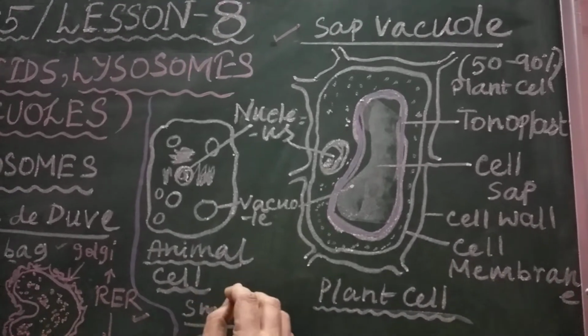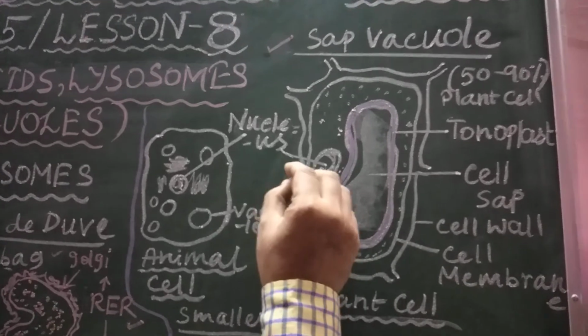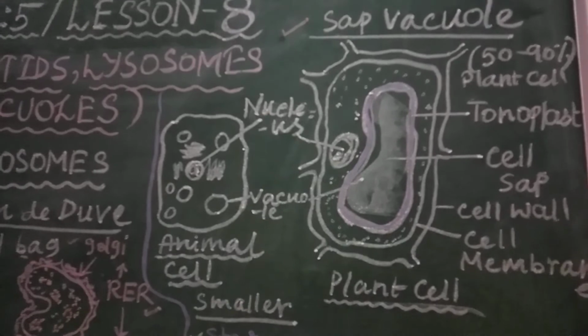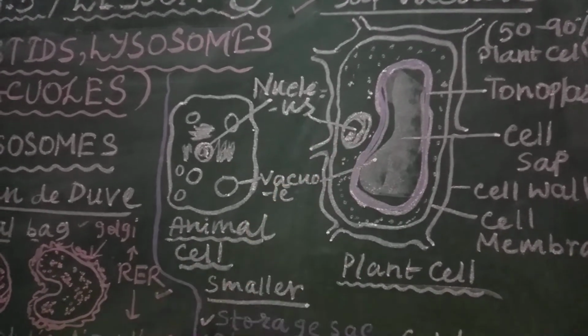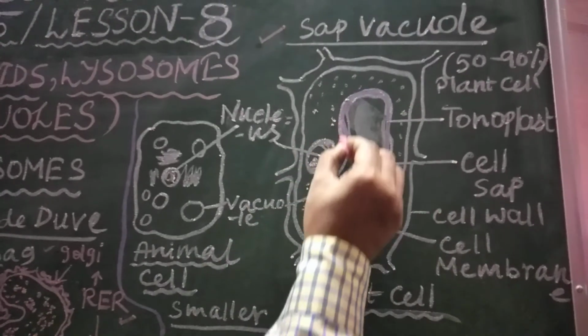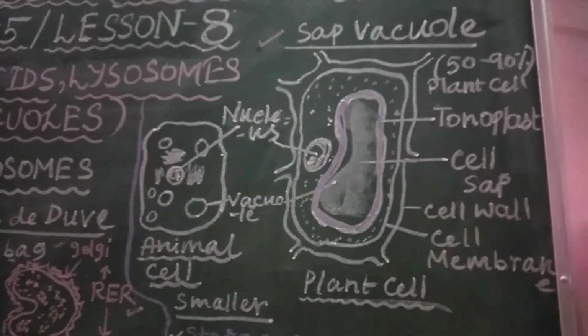In animal cells, the vacuoles are smaller in size. In plant cells, the vacuoles are attached with each other, forming such a big vacuole that they can push the nucleus aside and the other cell organelles also. Outside the cell sap, they have a protoplasmic membrane, which is known as the tonoplast.